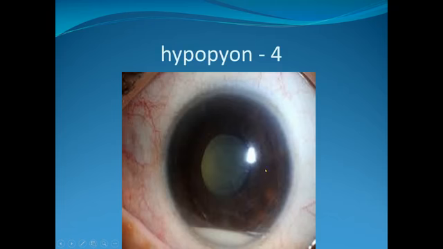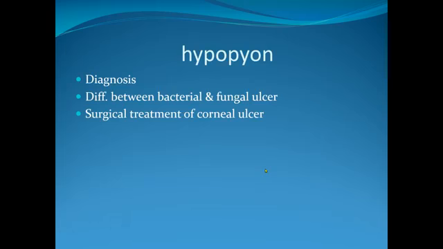So if the examiner asks, if in the OSPE station there is a photograph, the diagnosis is hypopyon, just hypopyon. This question is not asked all the time. The examiner may change it, so you should know about corneal ulcer and about uveitis.